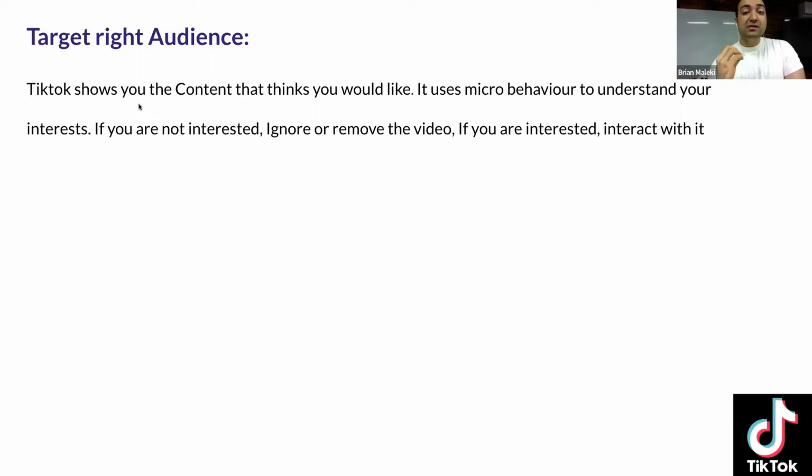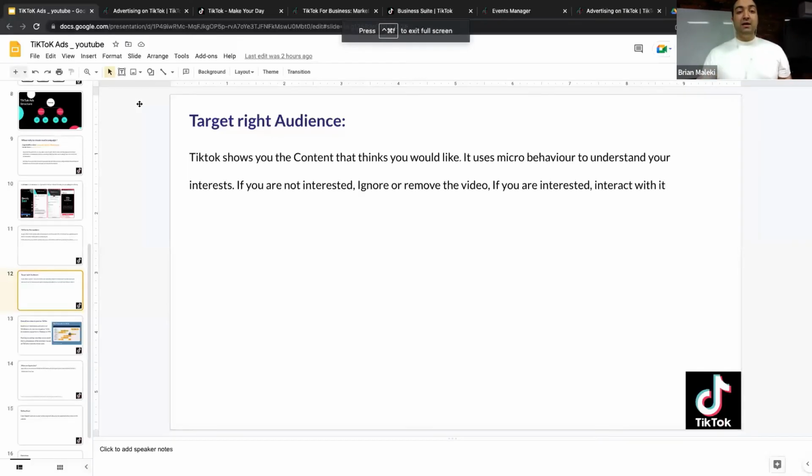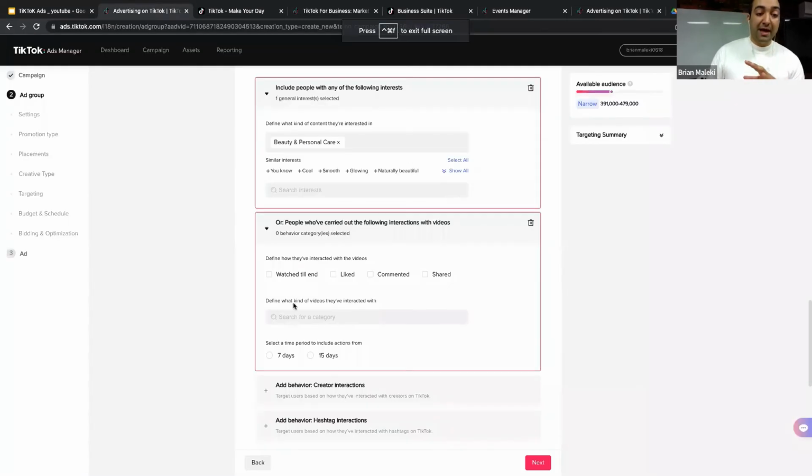It uses micro behavior to understand your interests. For example, if you're the type of person who interacts with pages about beauty, personal care, and health, and mostly you like them, you comment, and you share their videos, then you can be targeted by advertisers based on your behavior, based on your interactions with content in that specific category.